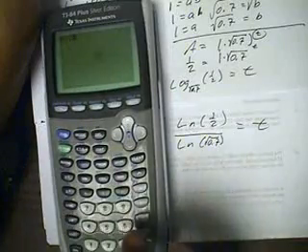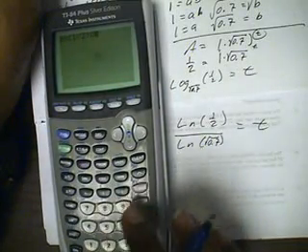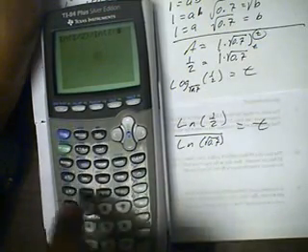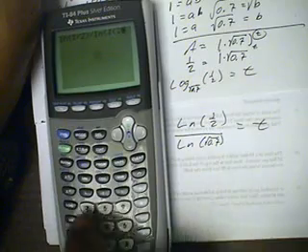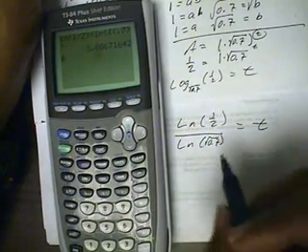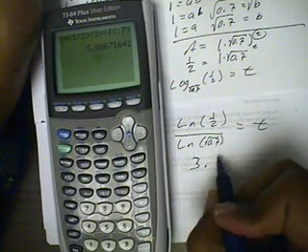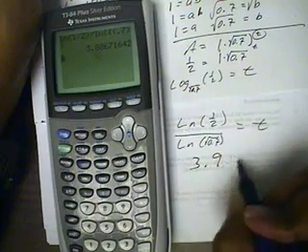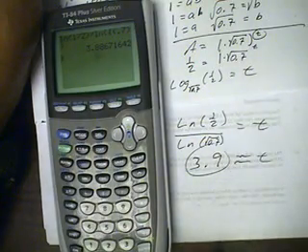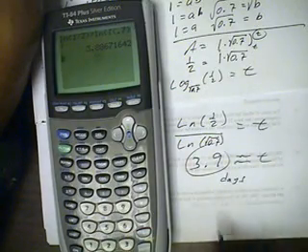So natural log of 1 divided by 2, close parenthesis, divided by natural log again of the square root of 0.7, close that parenthesis, close the last parenthesis, and the time is going to be 3.88, so let's make that 3.89. So in close to 4 days, this will be down to half.